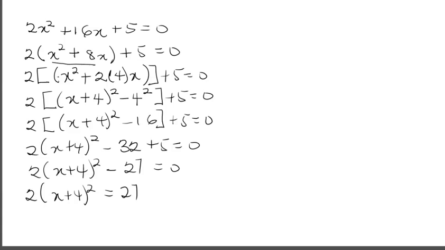I'll then divide through by 2. That gives us (x + 4) all squared is equal to 27 over 2.